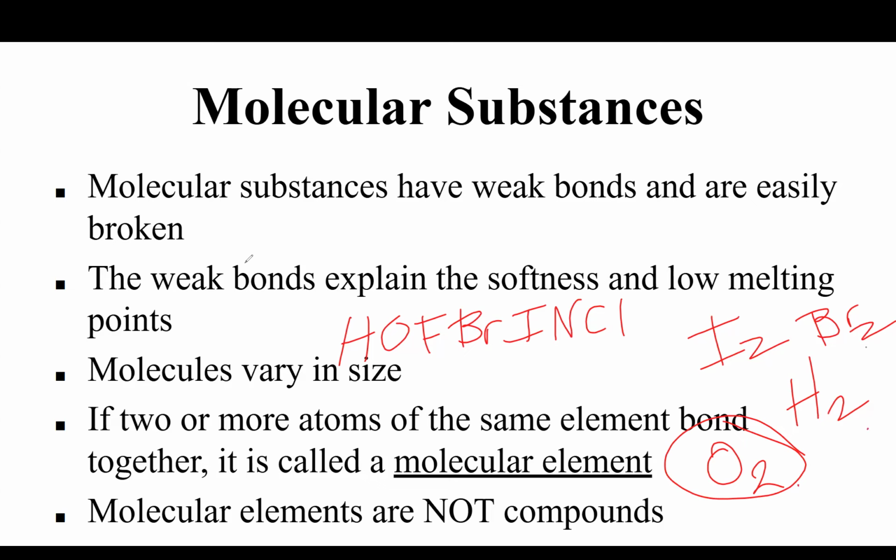O2, H2, Br2, I2, they are never found singularly in nature. They are always bonded to something else, even if it's by themselves. It's like the person who can never be single. They always have to be dating someone. That's what these elements are.